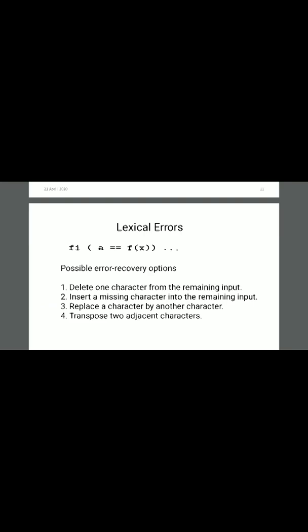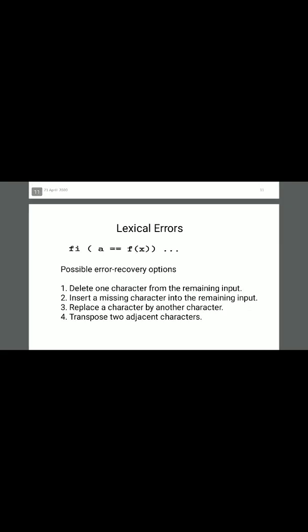You might be thinking that this is an if statement. Of course for you it is an if statement, but the lexical analyzer matches f and i and thinks it could be an identifier, because it satisfies the rules of an identifier. So it treats fi as some identifier, and then after that, a is equal to f of x. In fact you are writing a C program with a condition statement, that is if. Typographically you have made a mistake and written fi, but the lexical analyzer is not going to create any error for this.